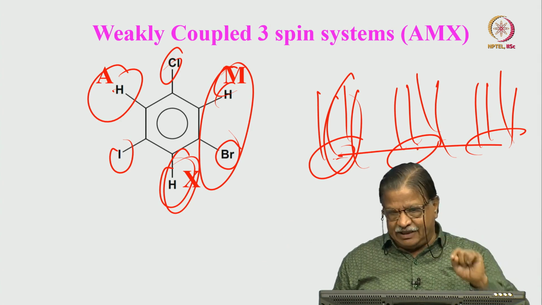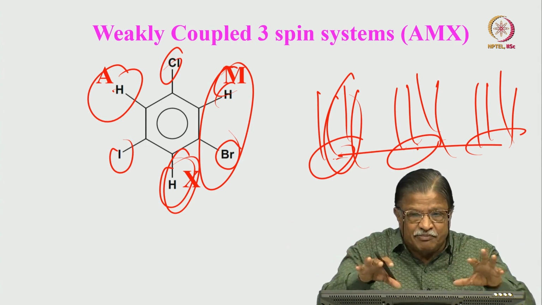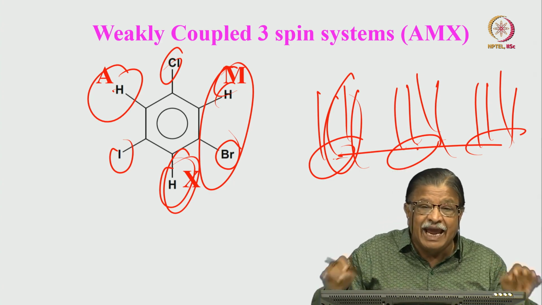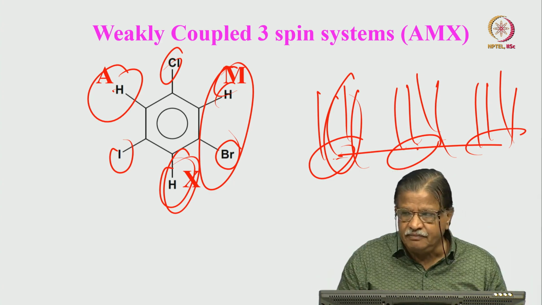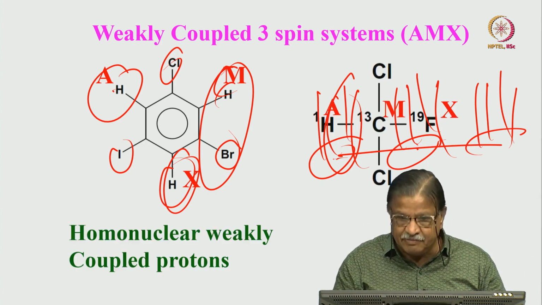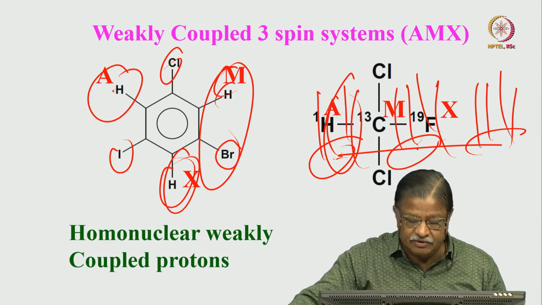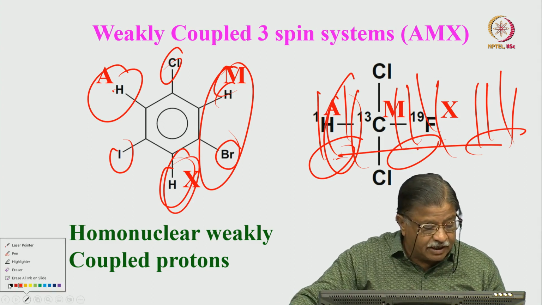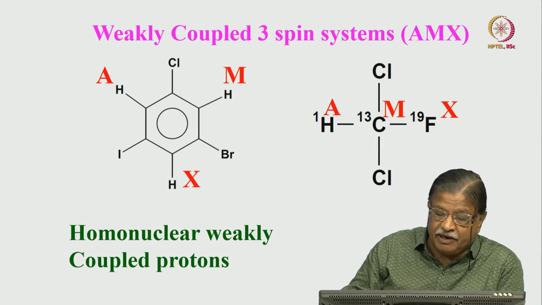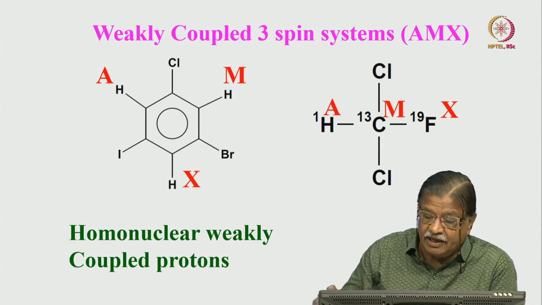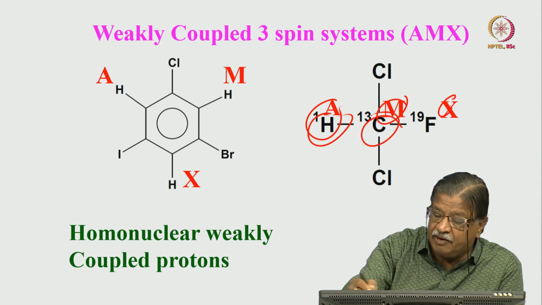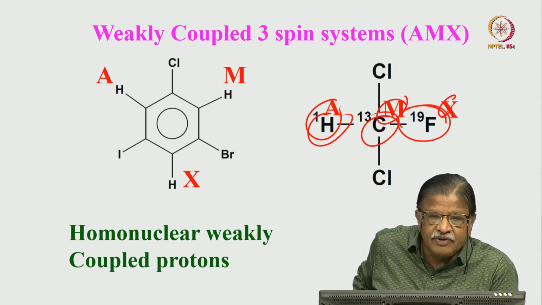In an example like this, in this molecule, these 3 protons form a weakly coupled AMX spin system, because 3 protons, homonuclear weakly coupled spin system. This also, for example, in this case I have taken 3 examples, 3 nuclei coupled among themselves, A, M and X. A is proton, M is carbon, F is fluorine.